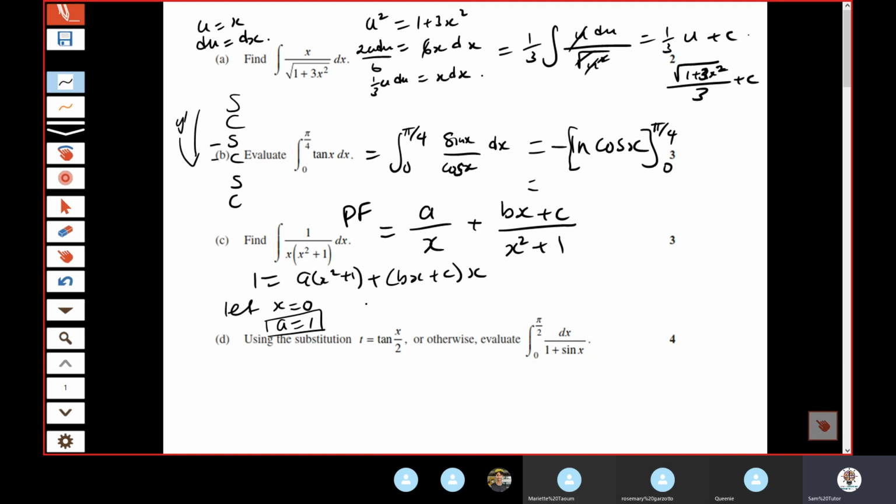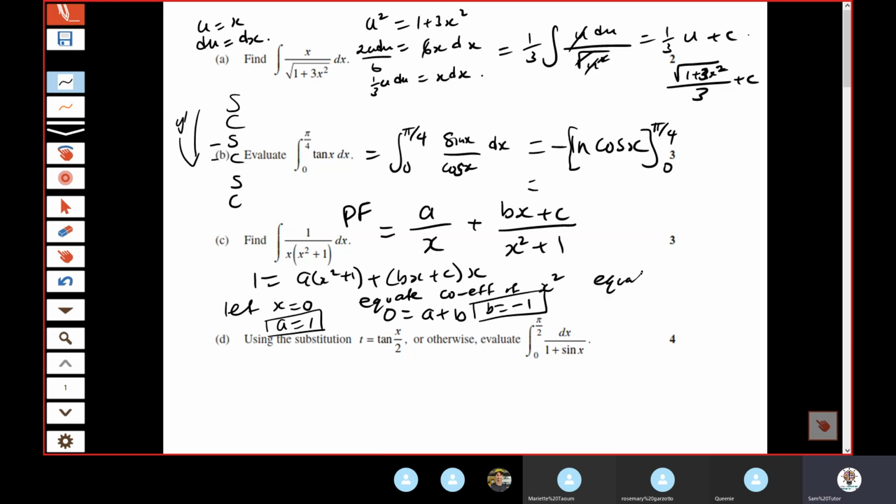At this stage, I usually would equate coefficients of, probably x squared. There's no x squares here. There's an a here. There's a b here. A is 1, that means b equals -1. And then we just want to find c now.